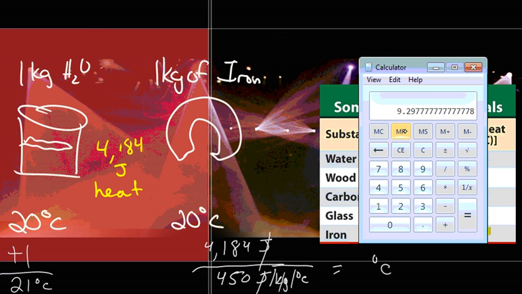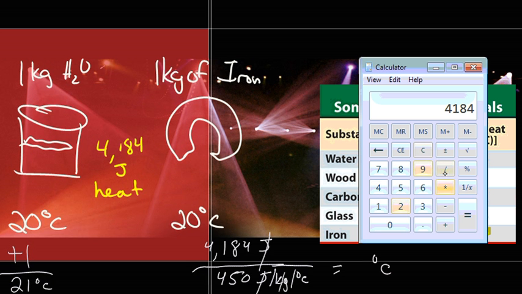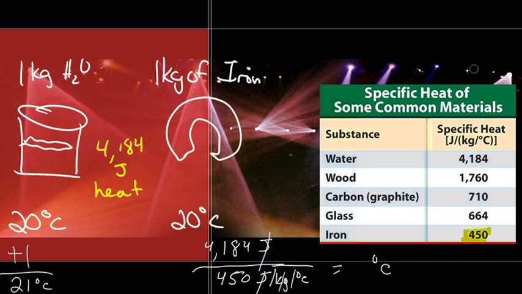So if we apply that to our calculator, we're going to take 4,184 joules applied to our iron horseshoe there, divided by 450, and our answer is 9.29. So let's say it's 9 3/10 of a degree Celsius increase.